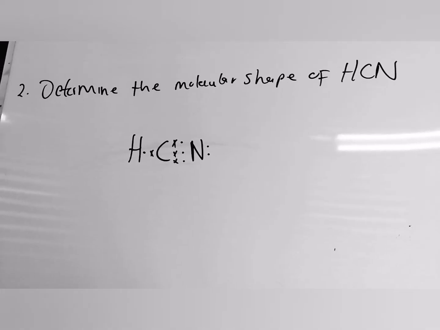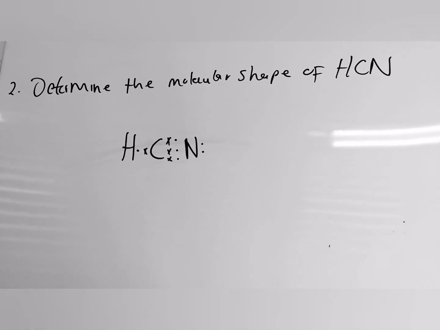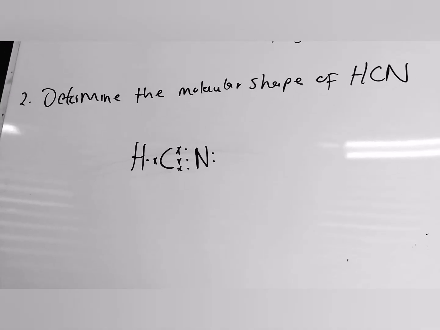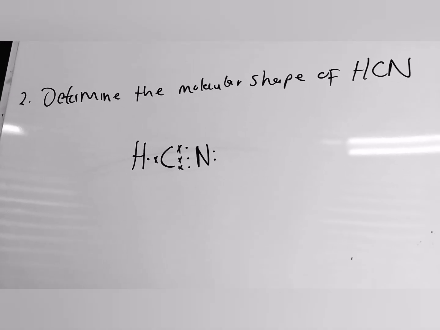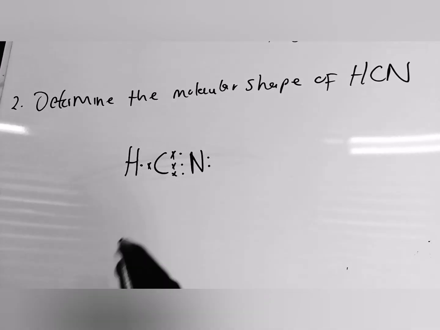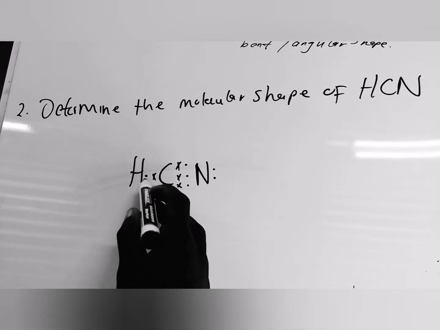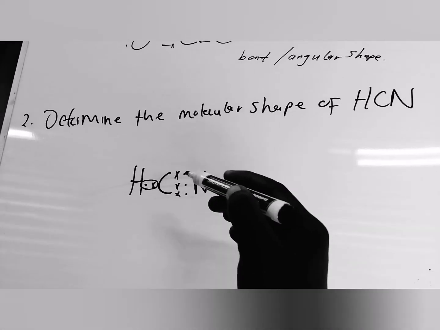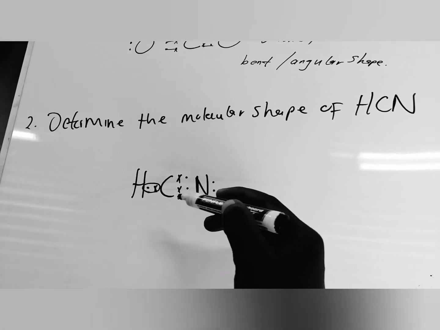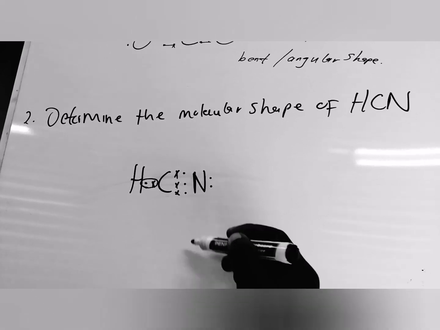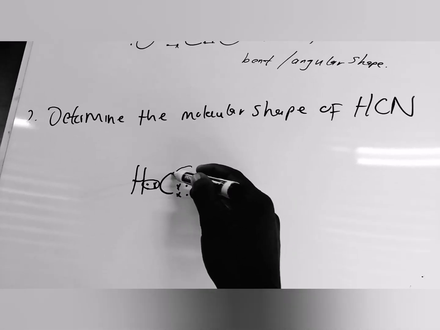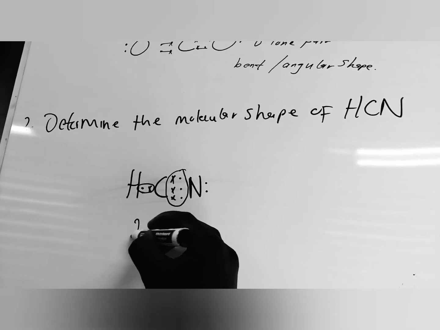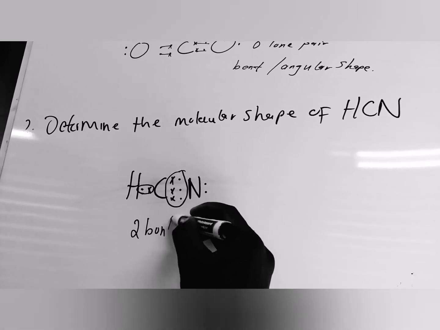Alright, determine the molecular shape of HCN, hydrogen cyanide. As you can see here, we have a single bond and a triple bond. Remember, you count a triple bond as one bonding pair. So we have 1 bonding pair, and we count these triple bonds as 1 pair of electrons. Therefore, here we have 2 bonding pairs.